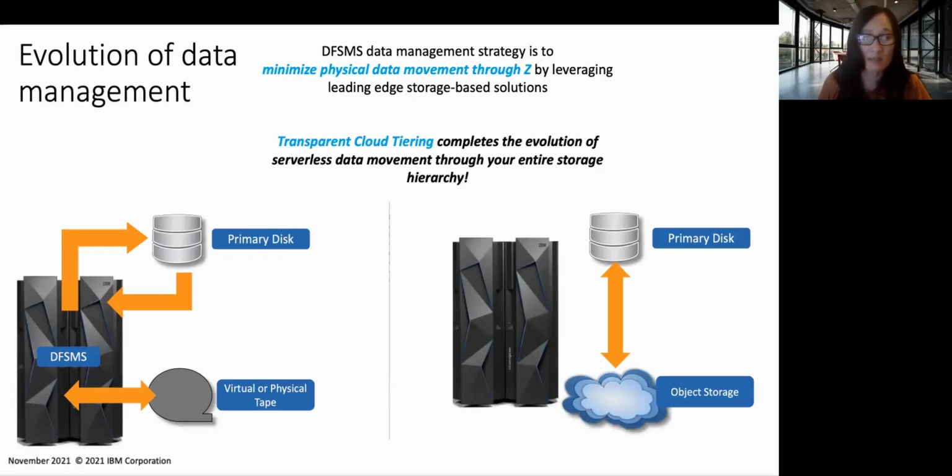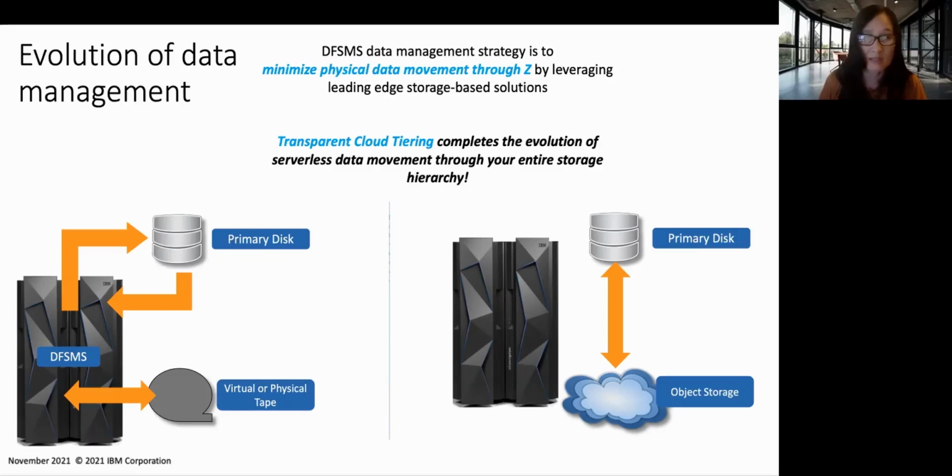Whenever that data needs to be archived, backed up, or moved to a secondary storage, all that data has to be read back off of primary disk into your z/OS system, and then out through a separate set of FICON to a virtual or physical tape system like the 7700.